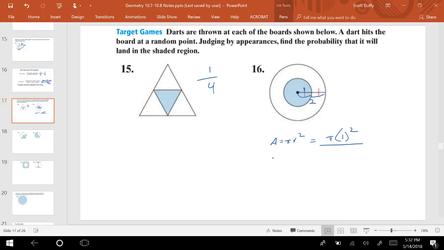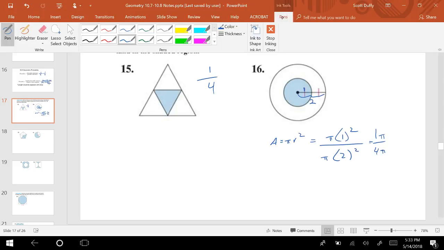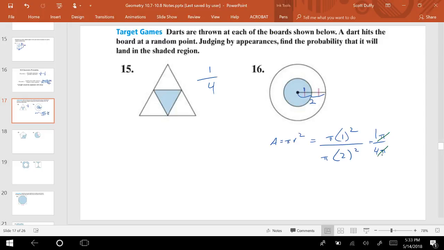And the entire region would use the same area formula, but the radius would be 2. 1 squared is 1, times pi is just pi. 2 squared is 4, times pi. What happens to pi divided by pi is they cancel. So the real answer is 1/4.